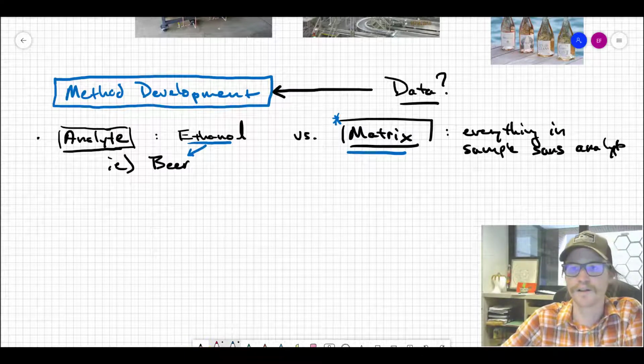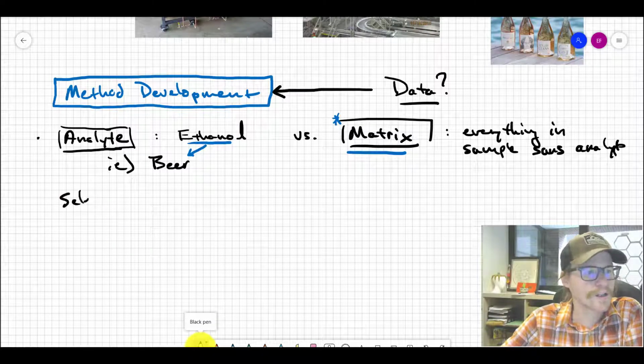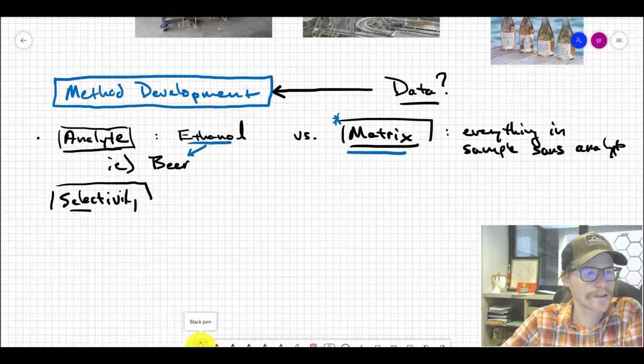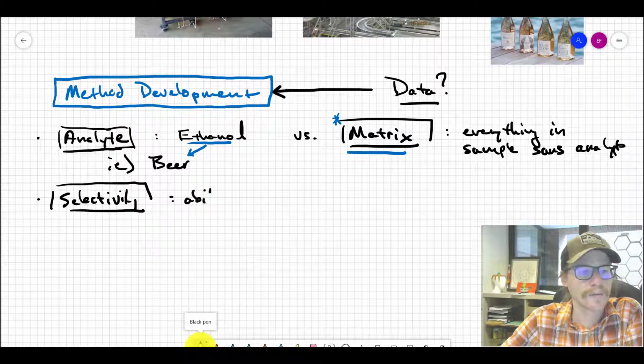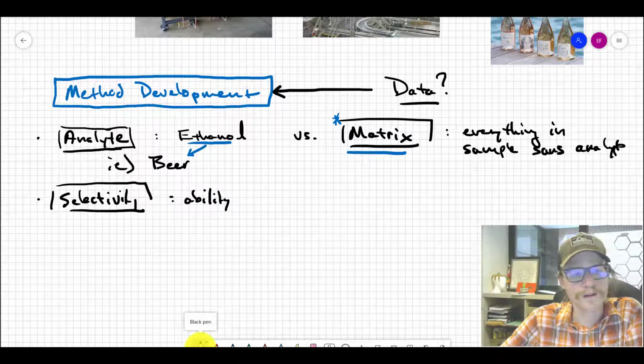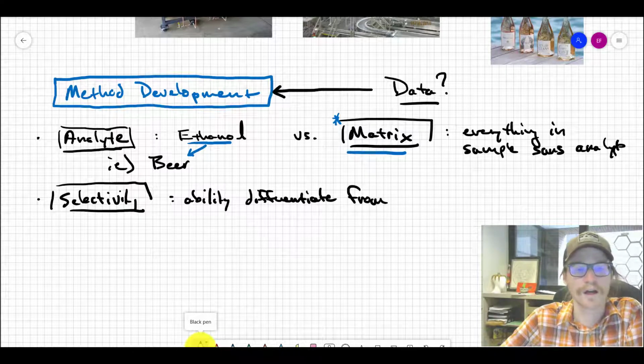In line with that, the consideration of analyte matrix is this notion of selectivity, which is, again, really core to our considerations of how we're going to choose and develop a method of analysis. And so selectivity is the ability to select for or parse your analyte from the rest of the stuff. So ability to differentiate, and in this case, differentiate from similar compounds, right?